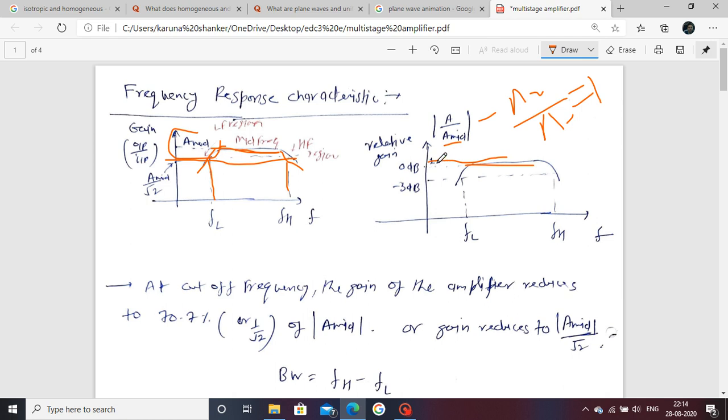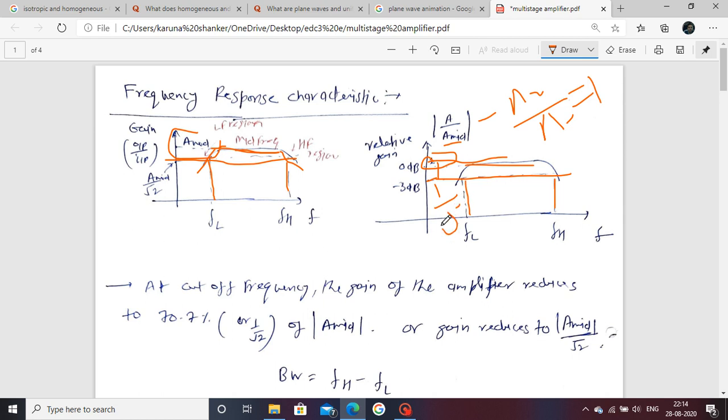Now the gain decreases up to the minus 3 dB point. This cut point on the gain plot curve gives the lower cutoff frequency, and this is the higher cutoff frequency. In magnitude form this is 1, and this value is 1 upon root 2.